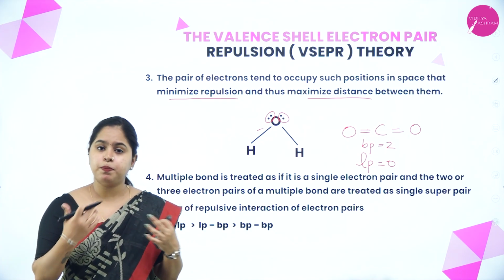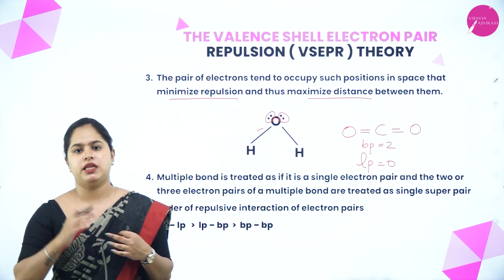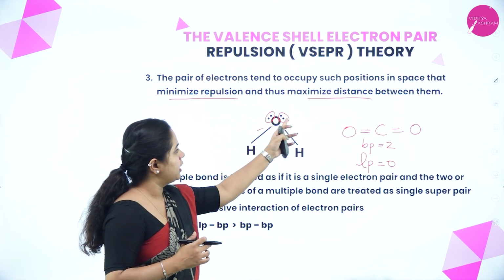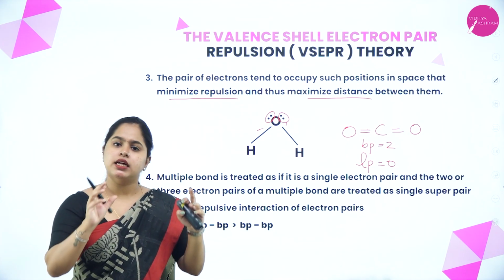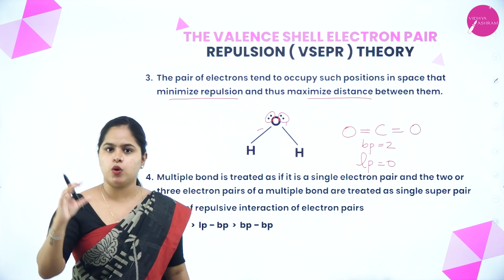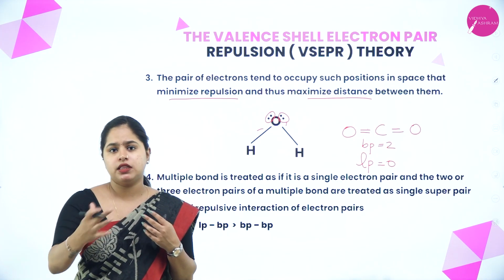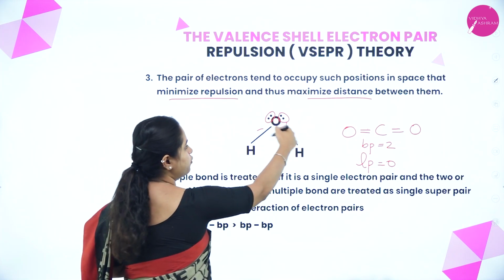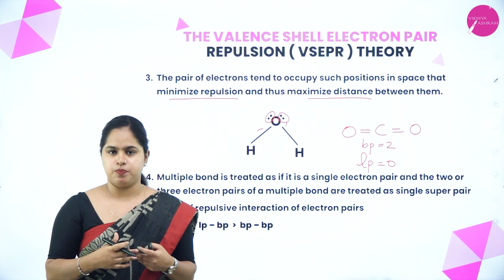So the repulsive forces between the lone pair and lone pair will be the maximum. As you can see, the lone pairs are present on the top of the oxygen atom, and they are able to move freely around the atom, as we know that lone pairs are not bonded with any other atom. So their repulsion will also be the maximum, right?